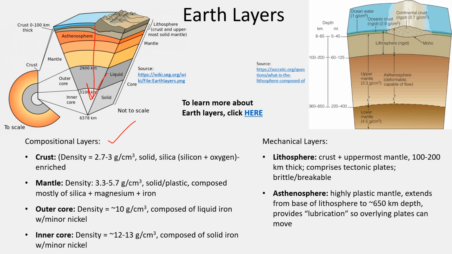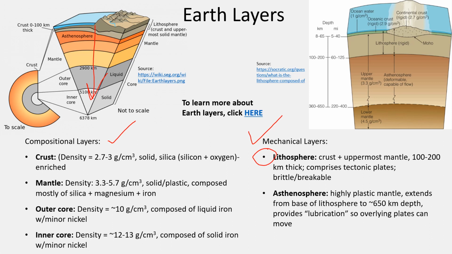On the other hand, it's actually more convenient for plate tectonic theory not to describe Earth's interior in terms of compositional layers, but in terms of mechanical layers. And for our purposes in this course, we'll focus on 2 main mechanical layers, including the lithosphere, which is what the plates are made out of.